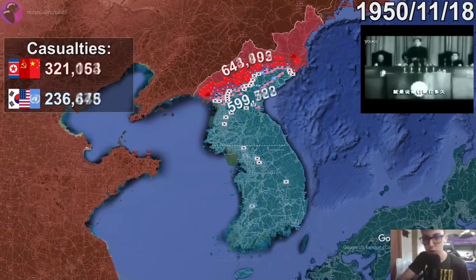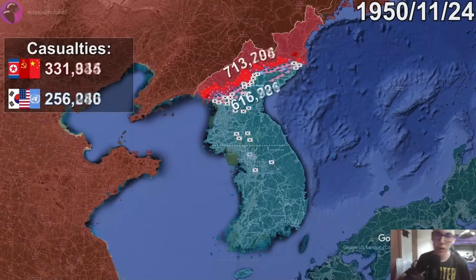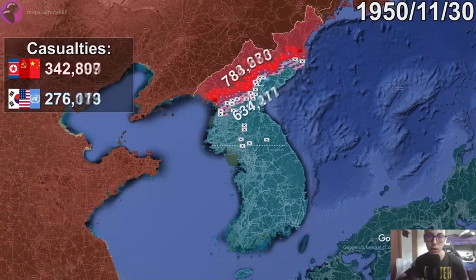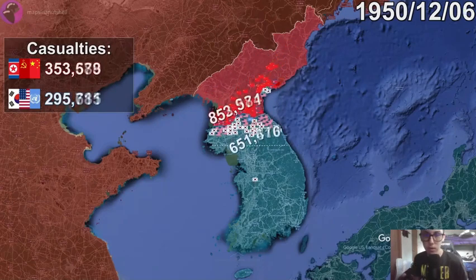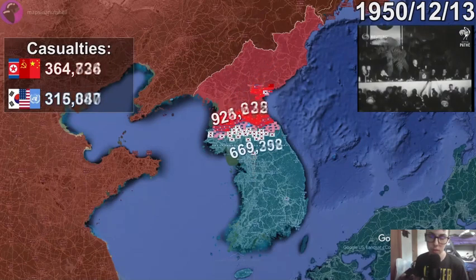So they joined the war to make sure that it wouldn't happen, and to preserve North Korea as an authoritarian threat, not a democratic threat, because they wouldn't want a democratic threat right next door to them.